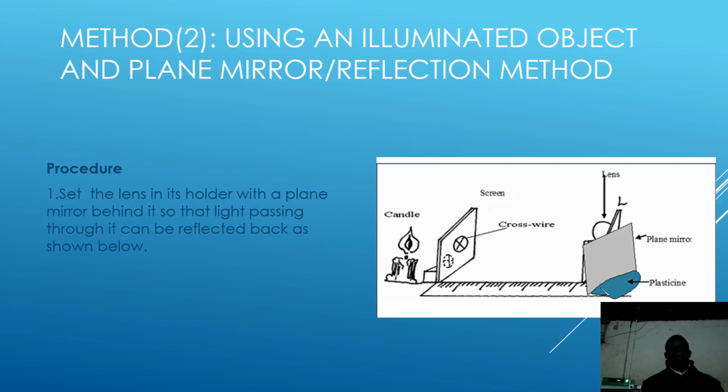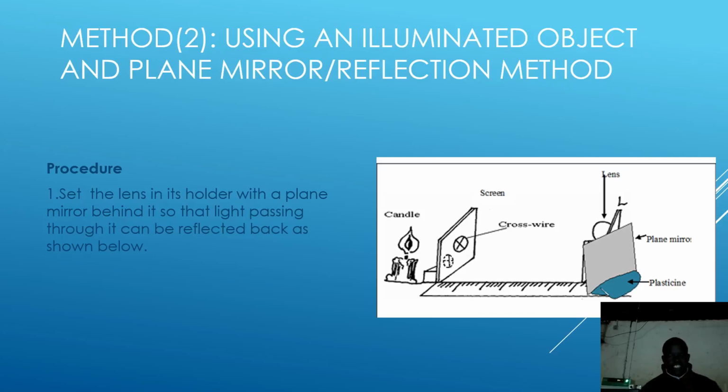So method 2, using an illuminated object. When you're using an illuminated object and a plane mirror, this is called the reflection method.